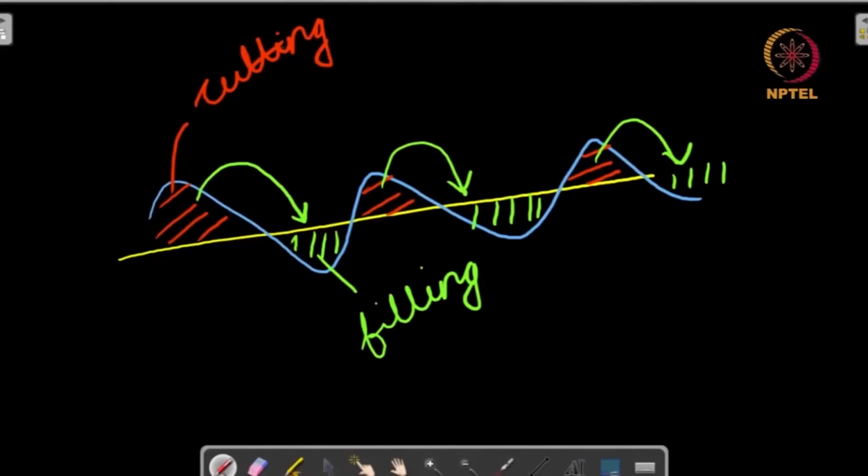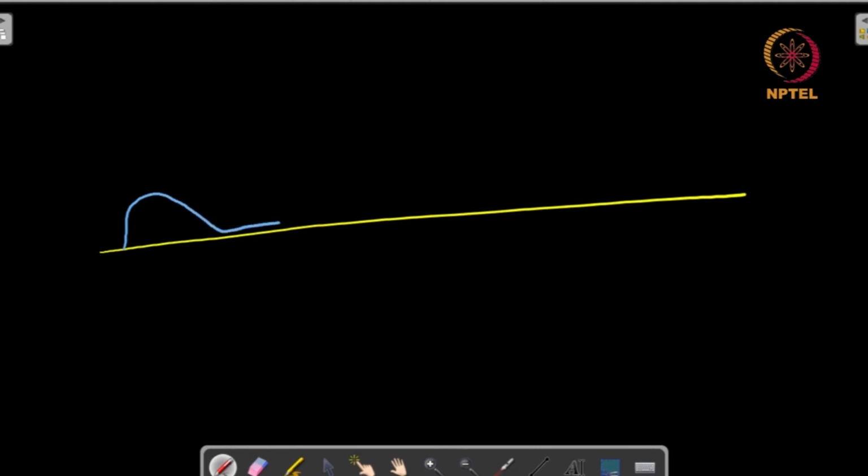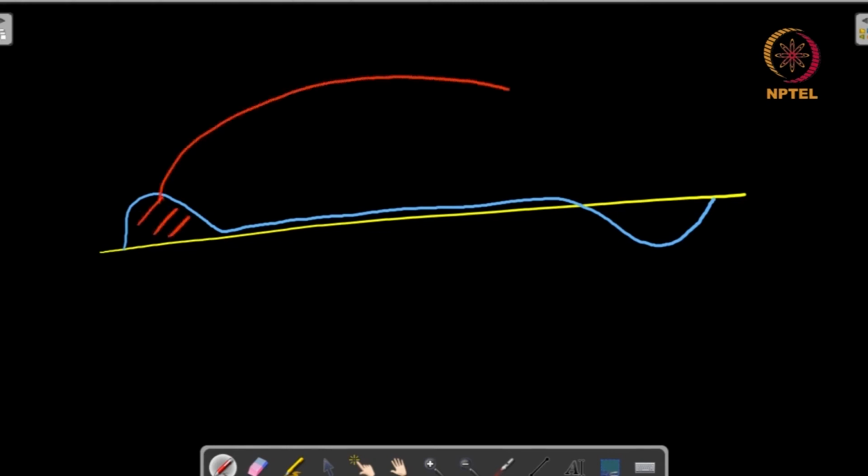Because in this case, suppose you had a situation where this is the road and the earth moves like this. So there is a cutting, then the earth is more or less flat, and then you require a filling operation here. Now in the best case scenario, this earth would be cut and it will be taken to this location, and there will be a filling done at this location.